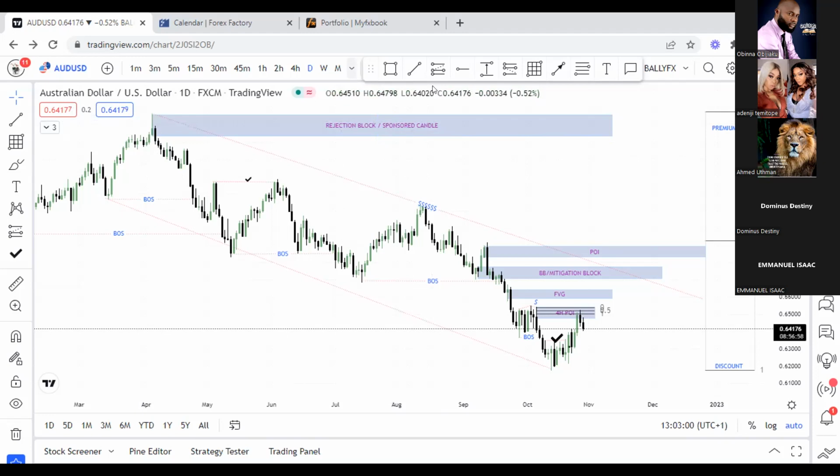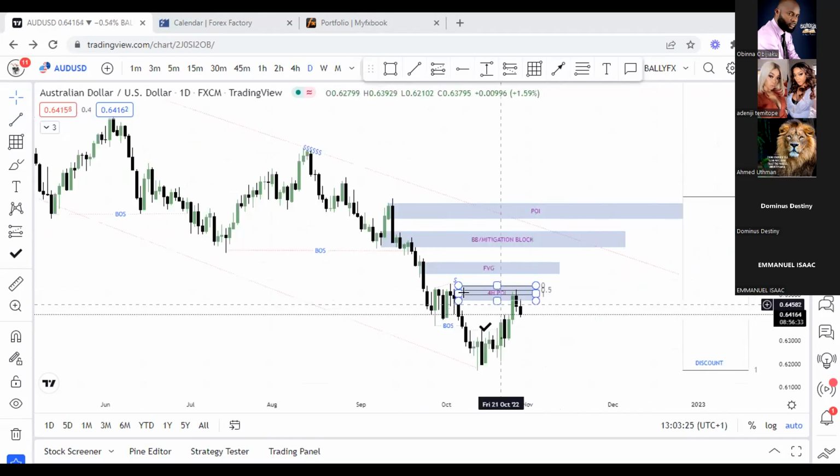Okay, so I'll continue with the 4 hours. We are presenting AUD USD. Where are you looking at? You didn't tell us where you're looking at. I said this is a rejection zone that I was looking at.